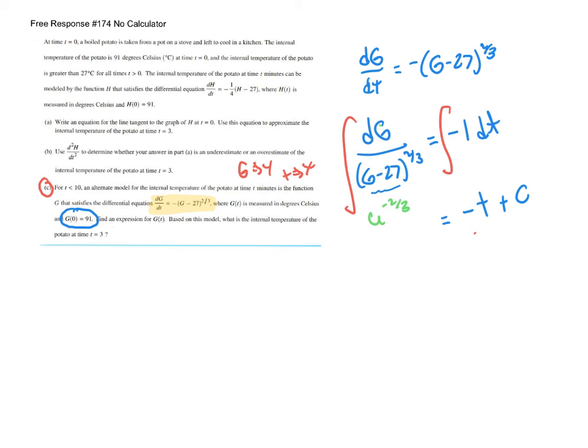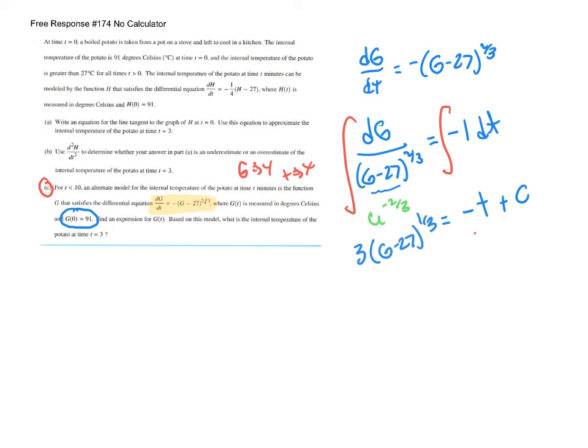So u to the negative 2/3, the antiderivative would be u to the 1/3 divided by 1/3, or 3u to the 1/3. So when we write this out, this is just going to be 3 times u, which is g minus 27, to the 1/3. And then we need to solve for c, and then we need to solve this thing for g.